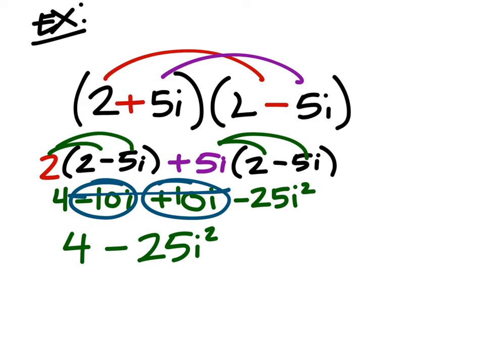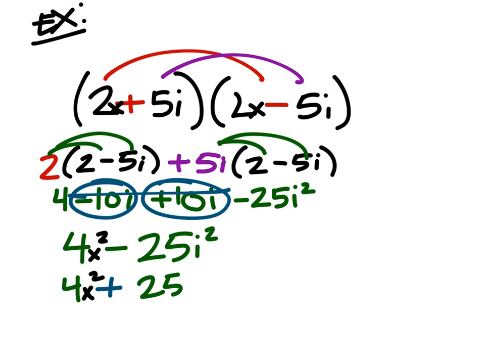However, the i squared is going to become a negative 1, effectively changing that to a positive 25. Now here's the other nice thing about that: if we gave the 2's x's like this, this would be x squared down here. I did skip a few steps right there.